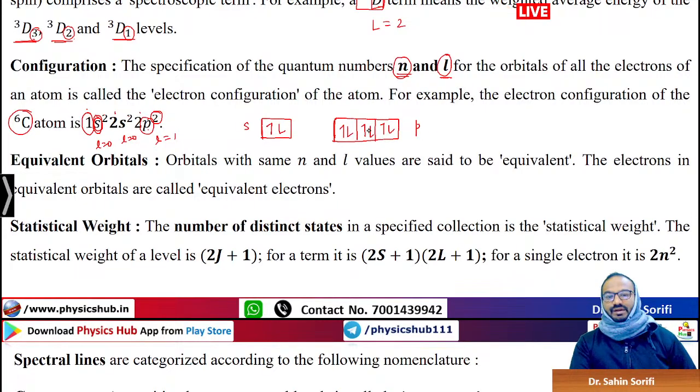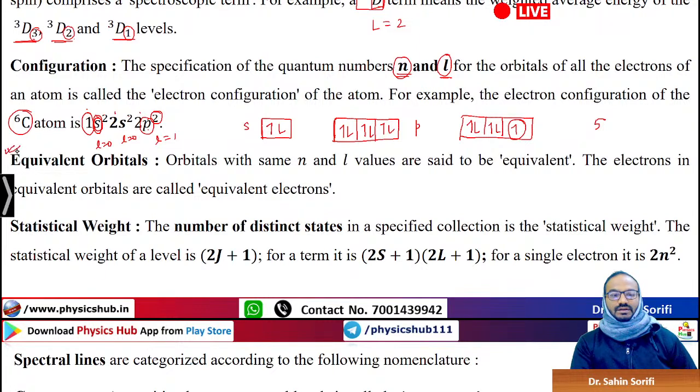Then they will make pair. If you have 2p2, it will get filled in this way. If there are 5, then 3, then pair will be formed. With 4, 1 unpaired electron will be there.